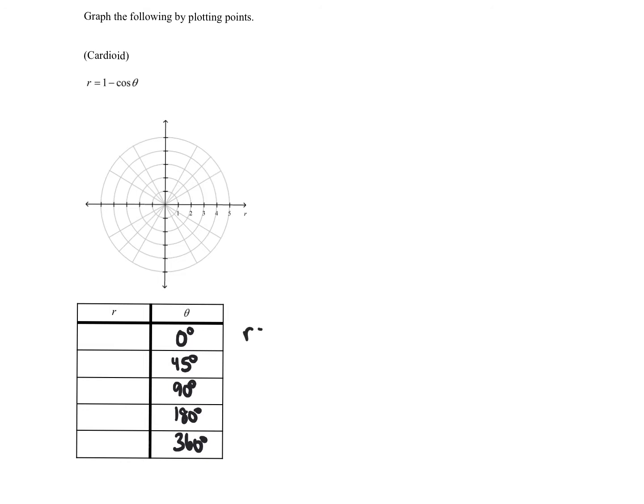So for 0, my r is going to be 1 minus cosine of 0, which gives me a radius of 0. If I do 1 minus cosine 45, that's 1 minus the square root of 2 over 2, so approximately 0.3.